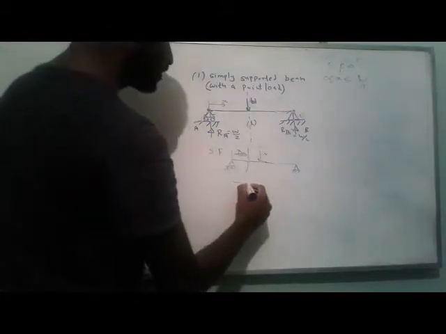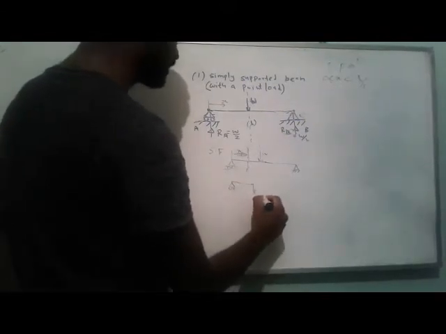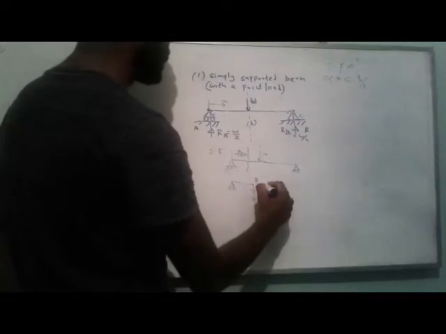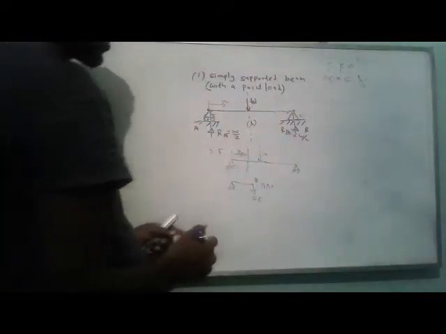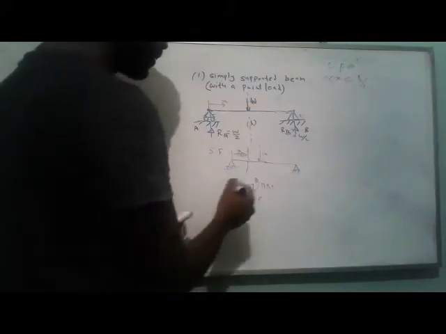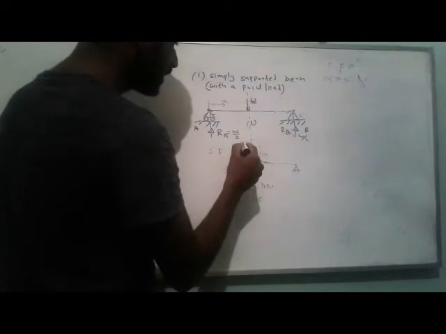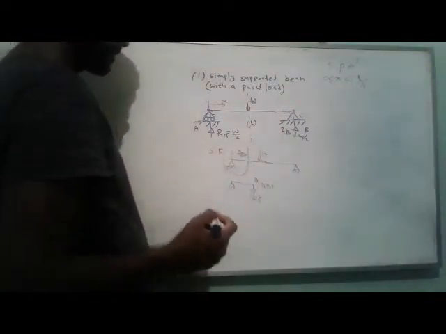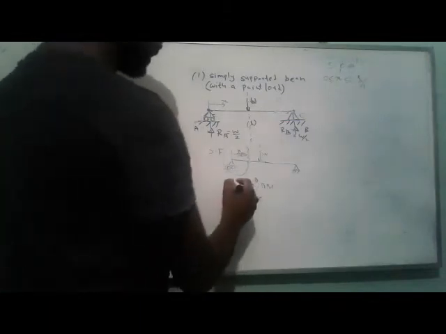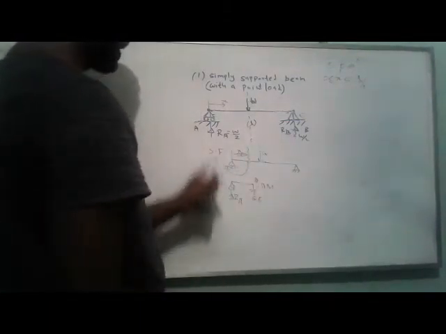Due to this break in the section, there will be internal shear force and bending moment. We have to consider the sign convention. We consider equilibrium of this section, where you get the upward force RA here.